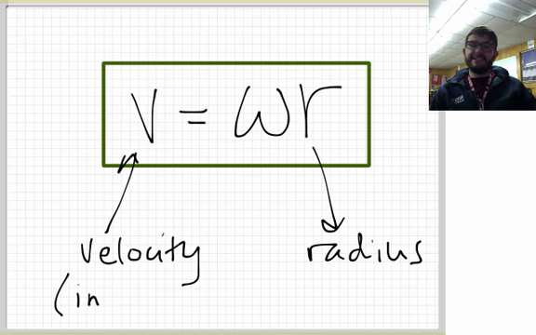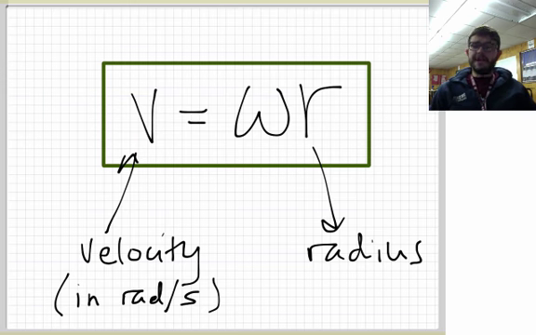And so just like distance, if we want to go from linear velocity to angular velocity, the equation that we use is v equals omega times r, and that's on your cheat sheet that I gave you earlier. And remember, omega must be in radians per second, otherwise this doesn't work.